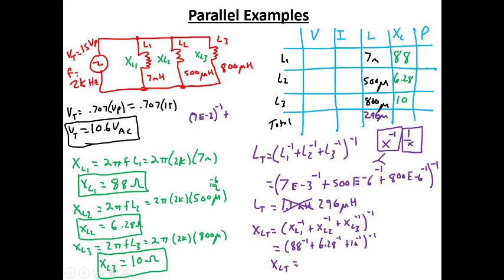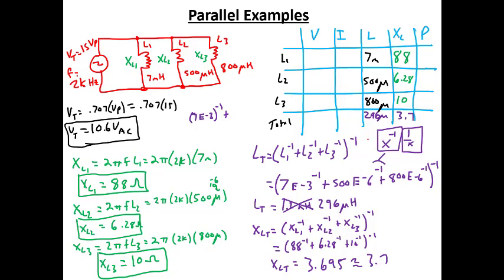Close parenthesis, to the negative 1, and I get 3.96. Sorry, it's 3.695, so I'm going to round that up to 3.7. So this would be 3.7 here.